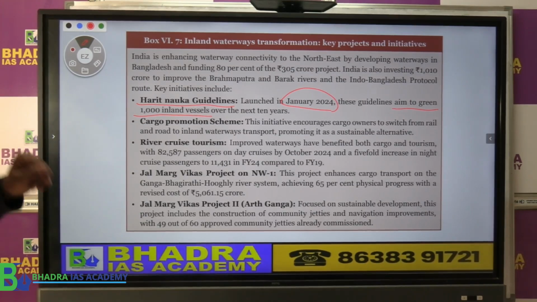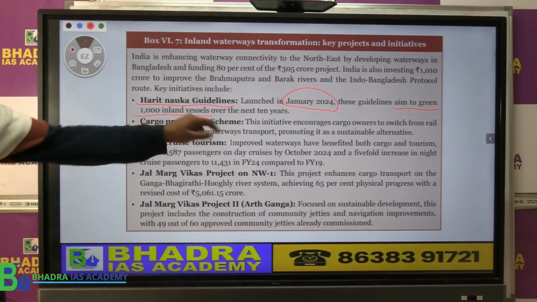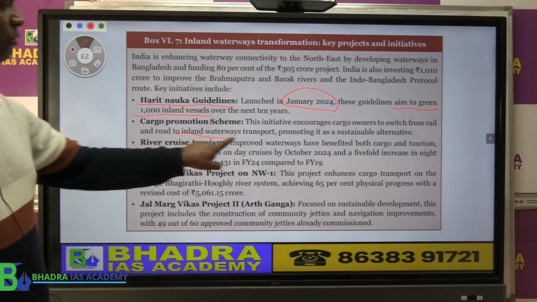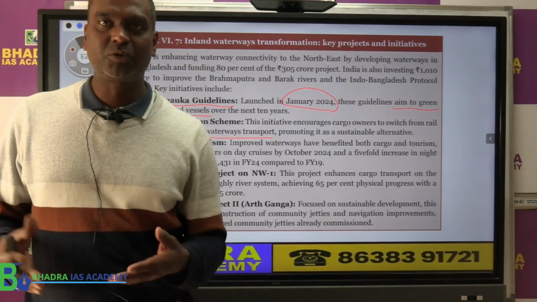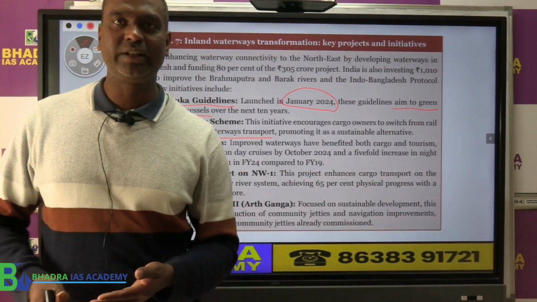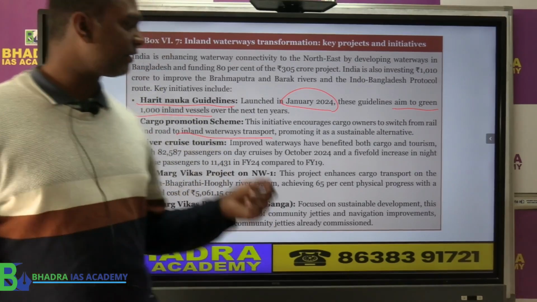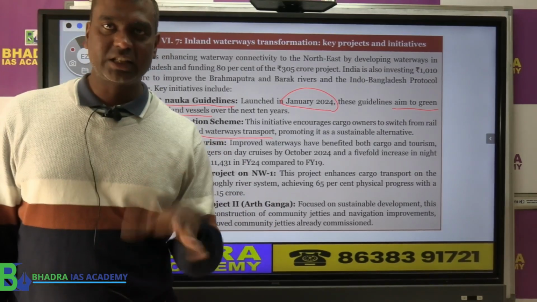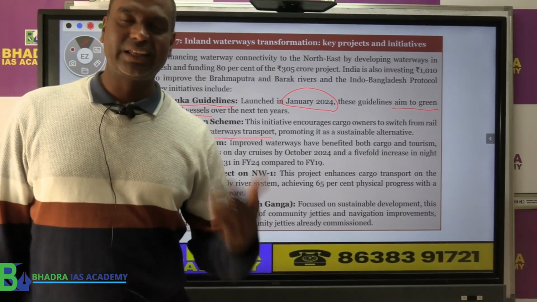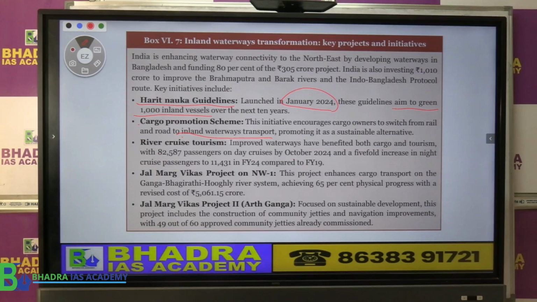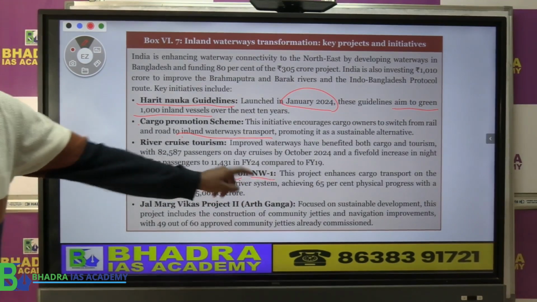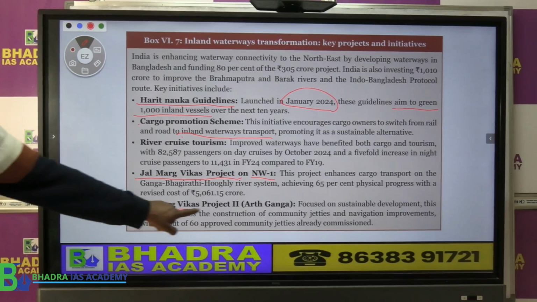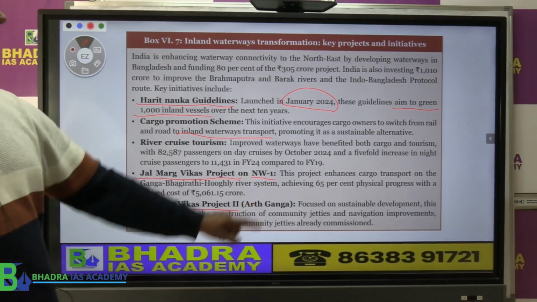Then the government also announced a cargo promotion scheme through inland water transport, so that goods, instead of going through roadways or railways, can use waterways with less pollution and less traffic congestion. As part of that, the government announced Jal Marg Vikas Project National Waterway 1 and Jal Marg Vikas Project 2, that is the Arth Ganga project.